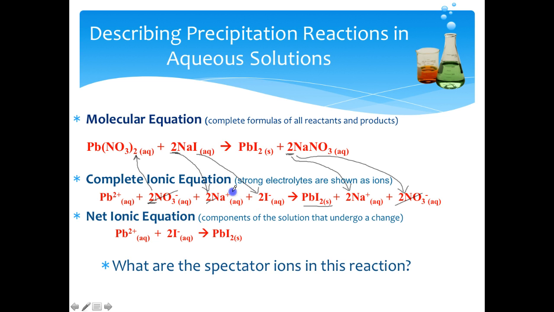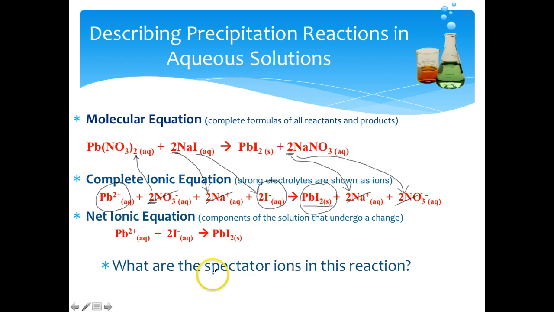Again, they have not undergone any sort of change whatsoever. So that leaves you with the lead and the iodide forming the lead iodide. And that's what we write in our net ionic equation. It allows us to simplify things and take out what's not changing, so that we can focus on what is happening in the chemical reaction.